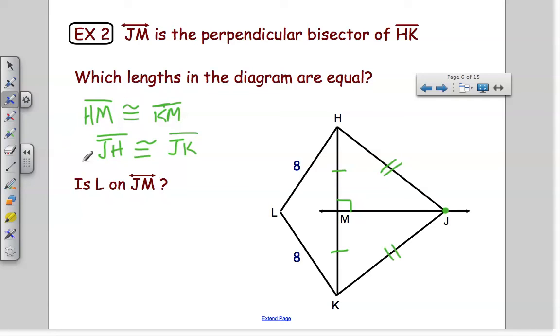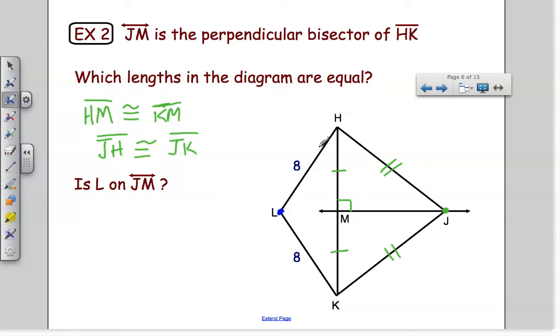And one more question on this example is, is point L on line JM? Here's point L, and I don't know for sure because I don't see it extended through the point, but is it on line JM? Well, let's see. If JM is the perpendicular bisector, L would only be on that perpendicular bisector if it was equidistant to the endpoints of that segment that JM perpendicularly bisected, which was segment HK.